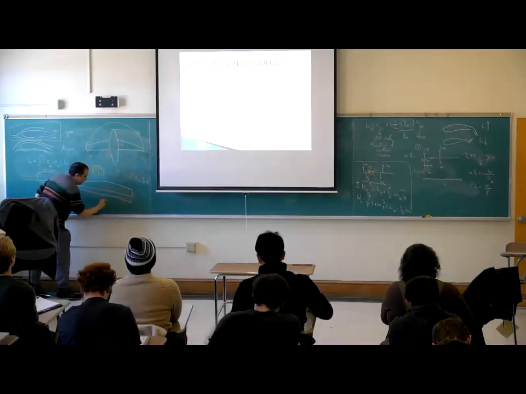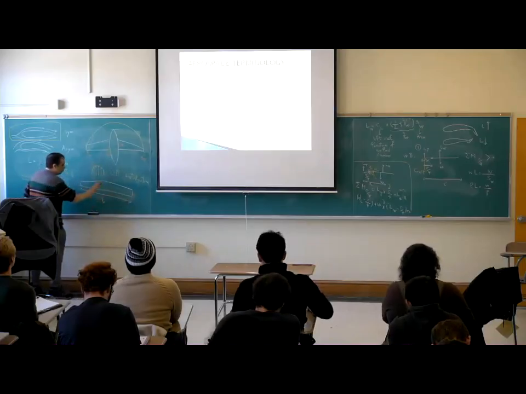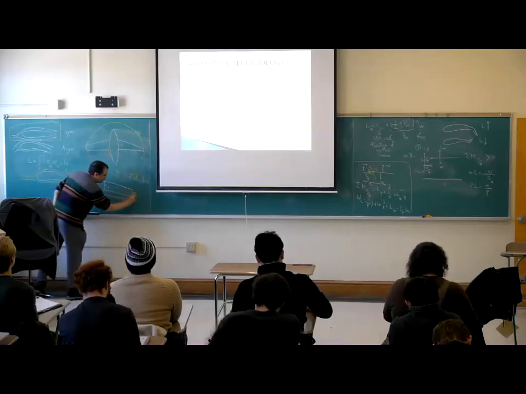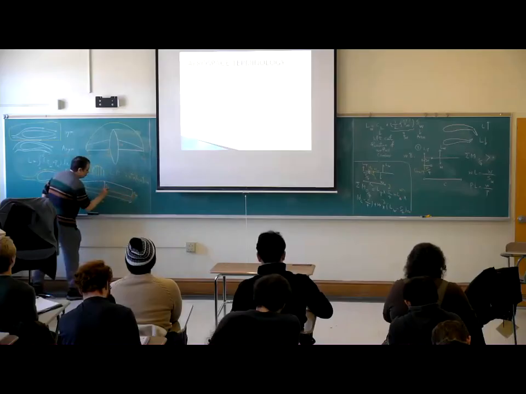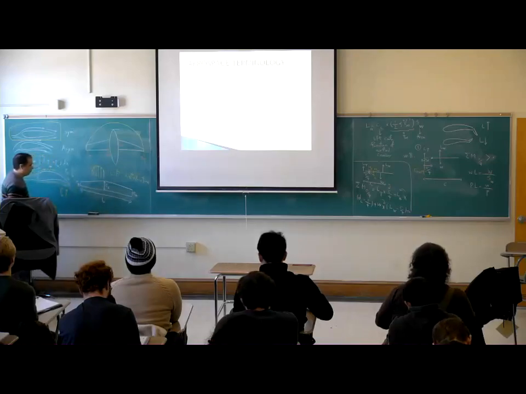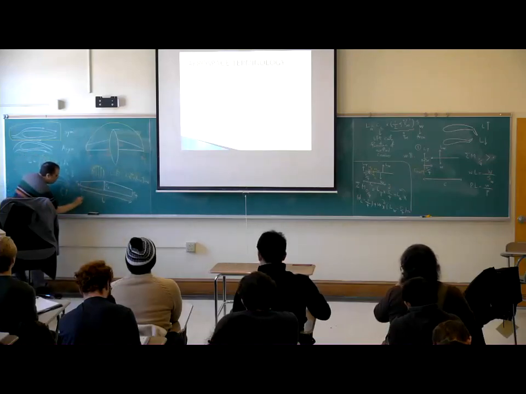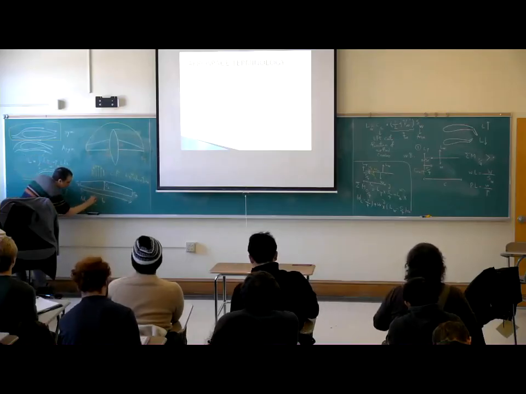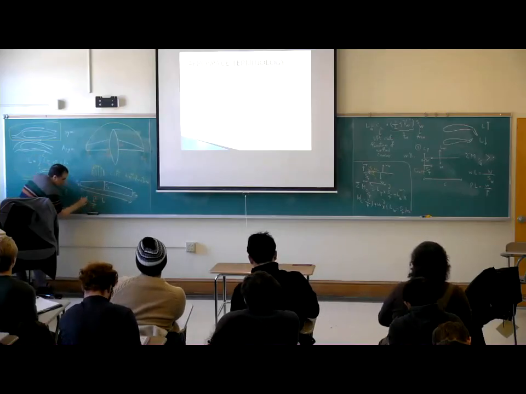This is called B. This is C root, the chord of the root. This is called C tip. Aspect ratio is B squared over S.